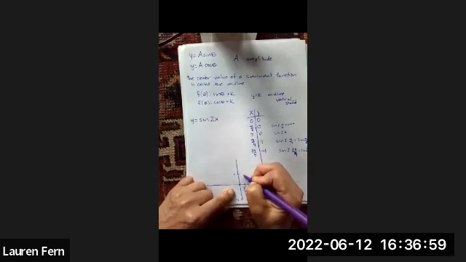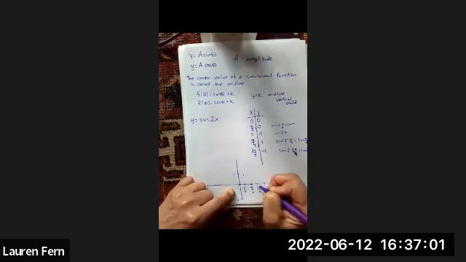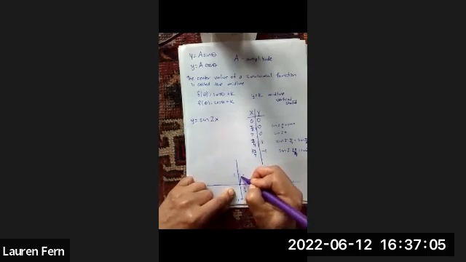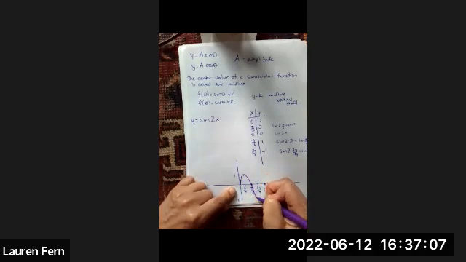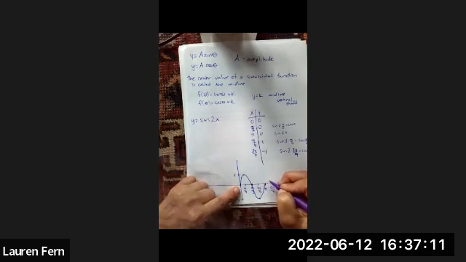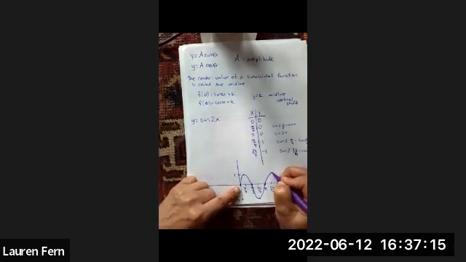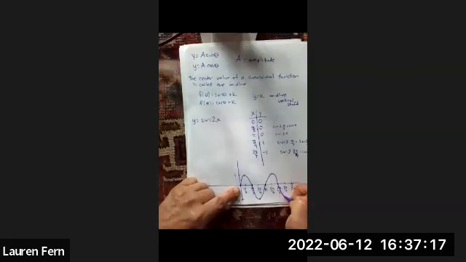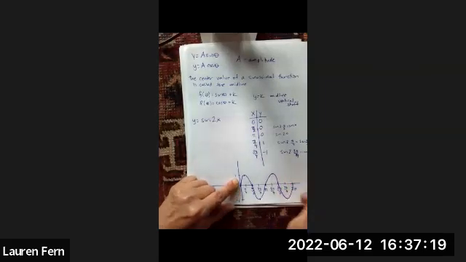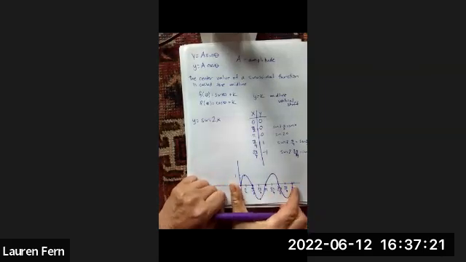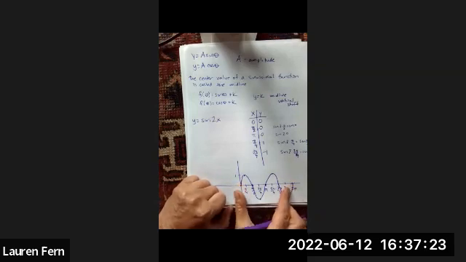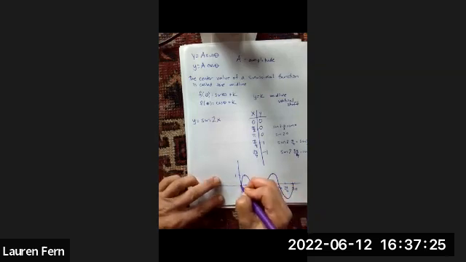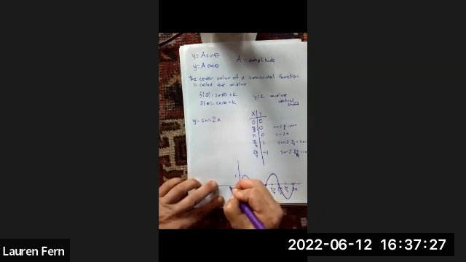My range is the same, but my period has changed. In fact, you can think of this as like an accordion. Now, instead of my period being 2 pi, my period is pi. So what used to take 1 full sine wave, we now have 2 full sine waves, and we can keep graphing this in the negative direction as well.